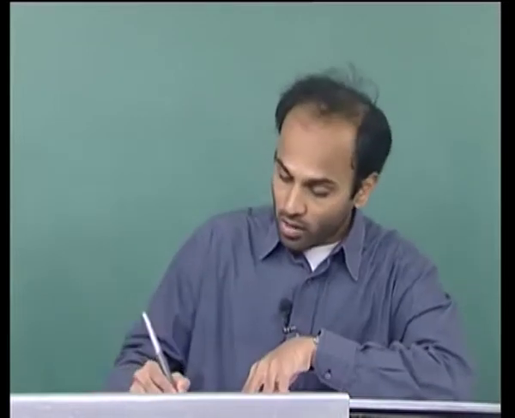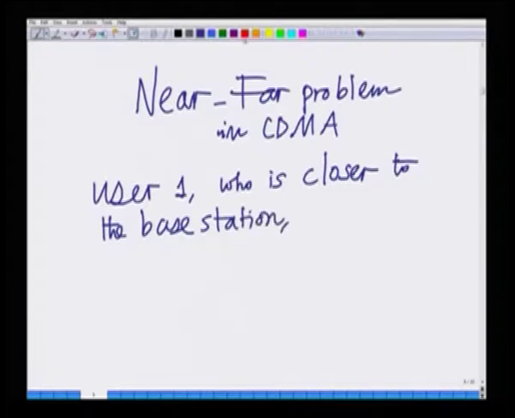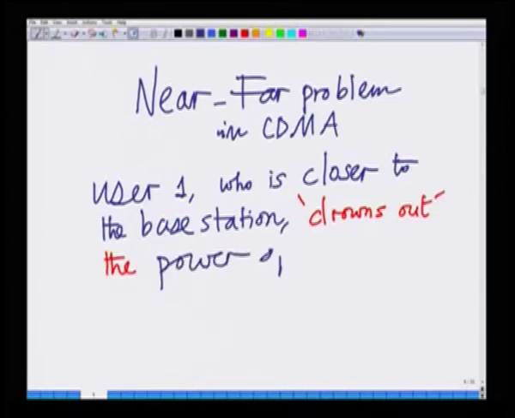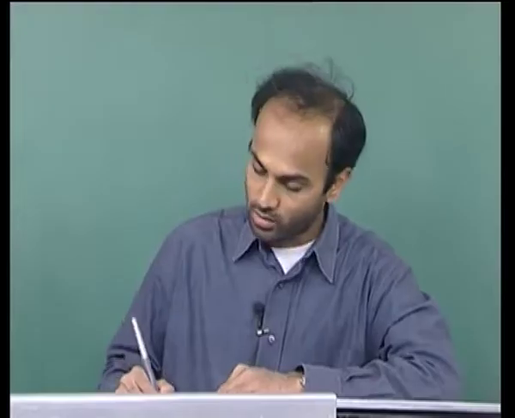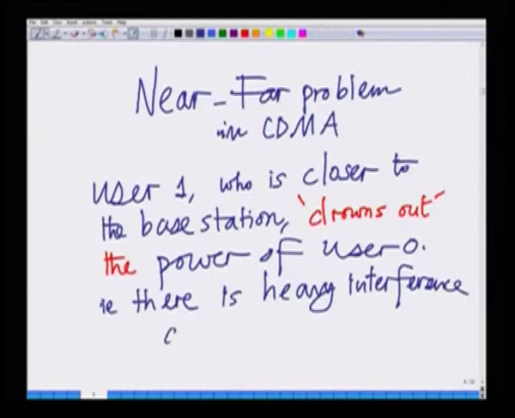So, in the previous situation user 1, who is closer to the base station, drowns out the power of user 0, that is, there is very heavy interference at user 0. This is termed as the near far problem.